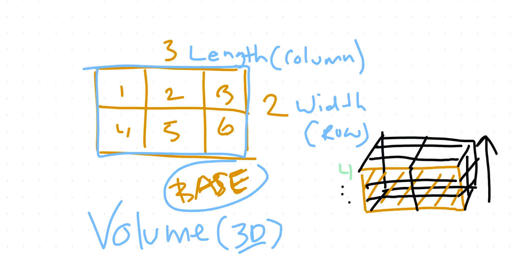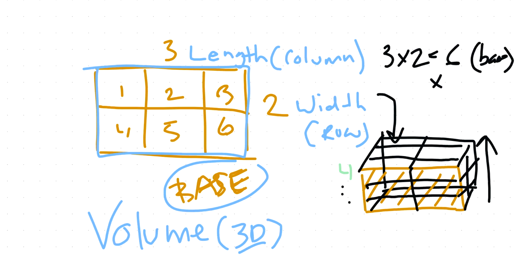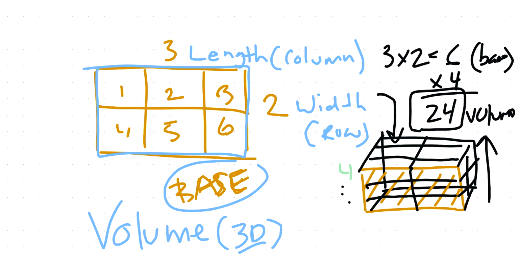So to think about how much volume would go in here, I have 3 times 2, which is my base, that's my 6. And then there's 4 more levels of it. So my volume would be 24. In this case, we didn't give it a unit measurement, so we could just call it cubes or blocks. I like cubes.